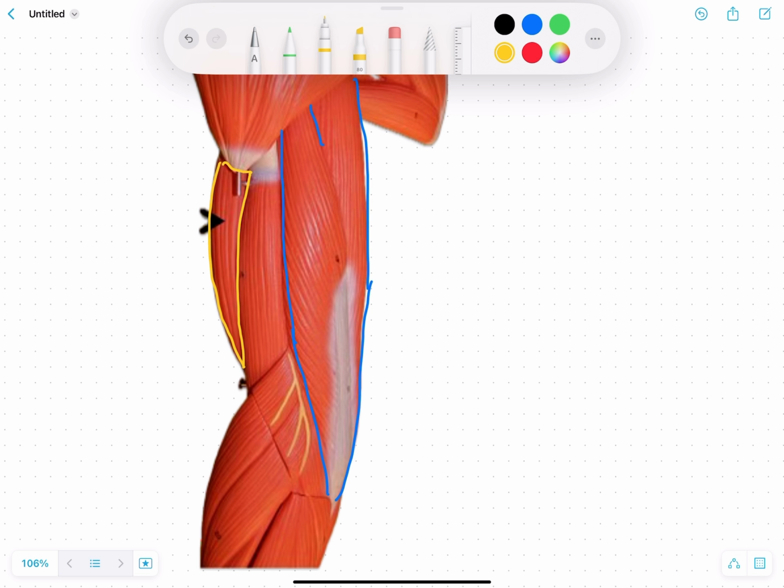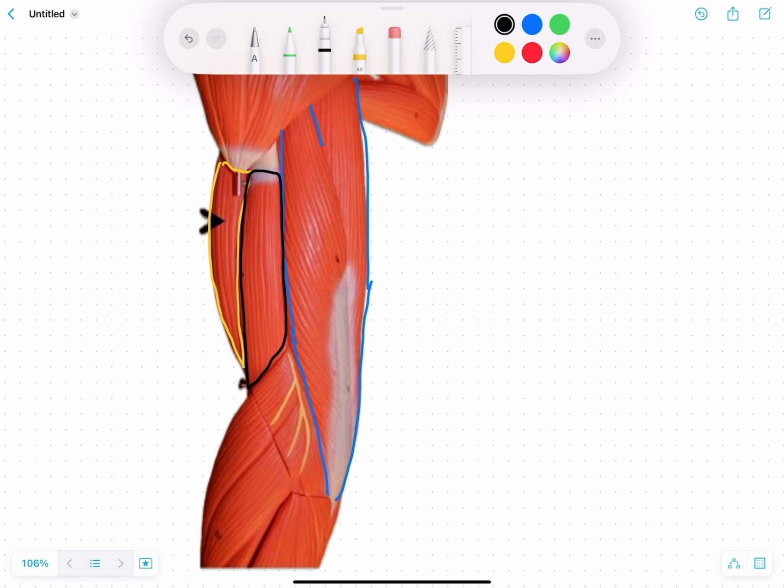So this is on the most anterior side. And we can see underneath that biceps brachii, sandwiched there between the triceps brachii and the biceps brachii, is a muscle that we are going to name the brachialis muscle. So that is going to be this muscle here that's located right in the middle of our upper arm.